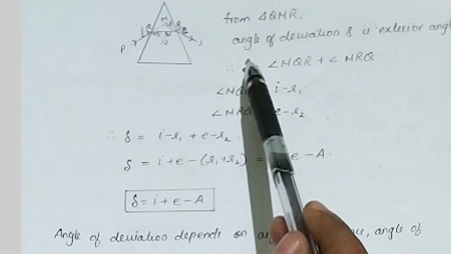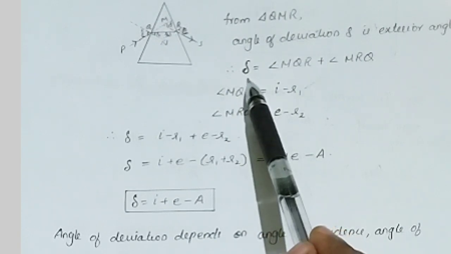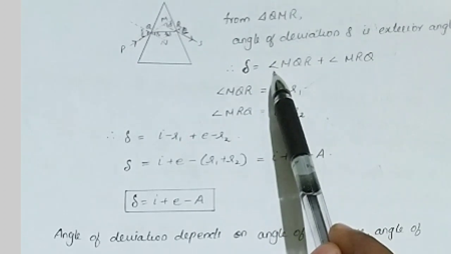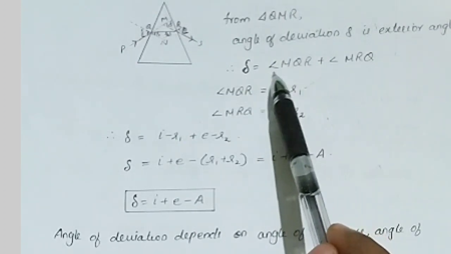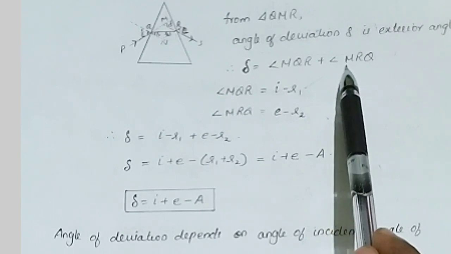On considering the triangle QMR, the angle of deviation is an exterior angle of the triangle QMR, and we know that the exterior angle of a triangle is the sum of the other two interior angles, which are angle MQR and angle MRQ. So we can write the angle of deviation delta, which is an exterior angle of the triangle, as equal to the sum of the other two interior angles, angle MQR plus angle MRQ.